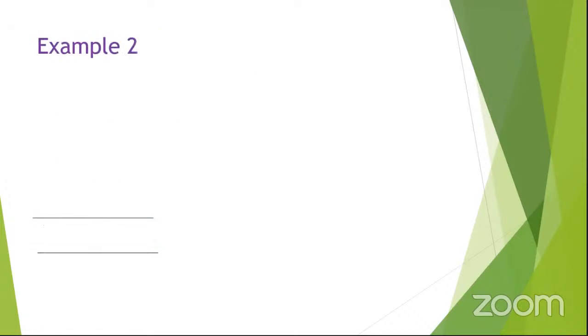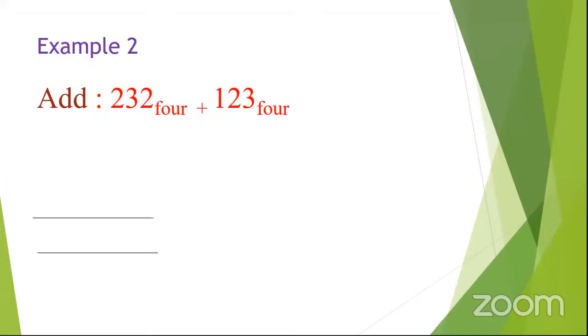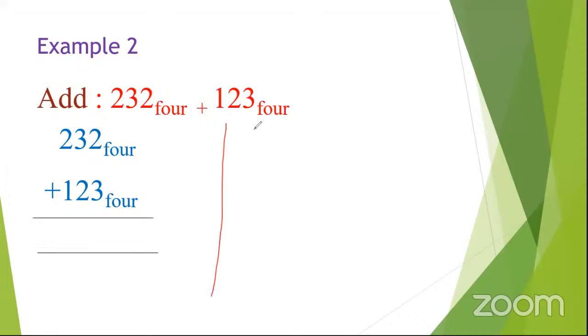Then let us see if we are dealing with, we have add 232 base 4 plus 1234 base 4. So you still arrange them very well vertically. And we've said that the best thing to do with such is to prepare the side work.